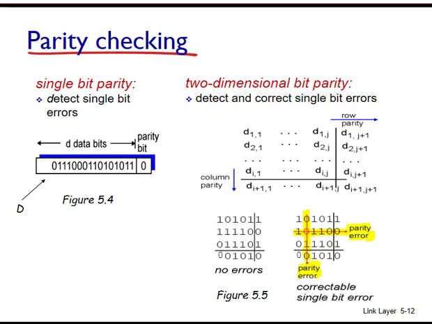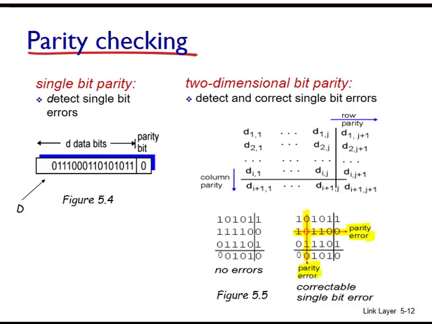Here, the data bits in D are divided into rows and columns. A parity value is computed for each row, and another computed for each column.